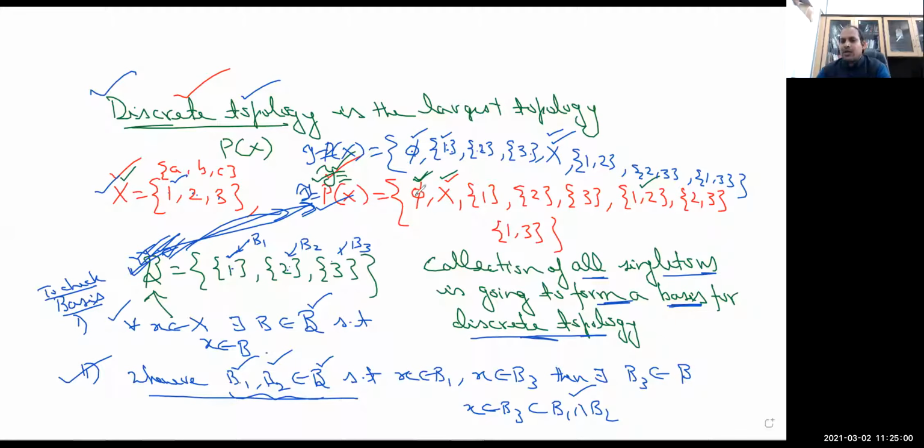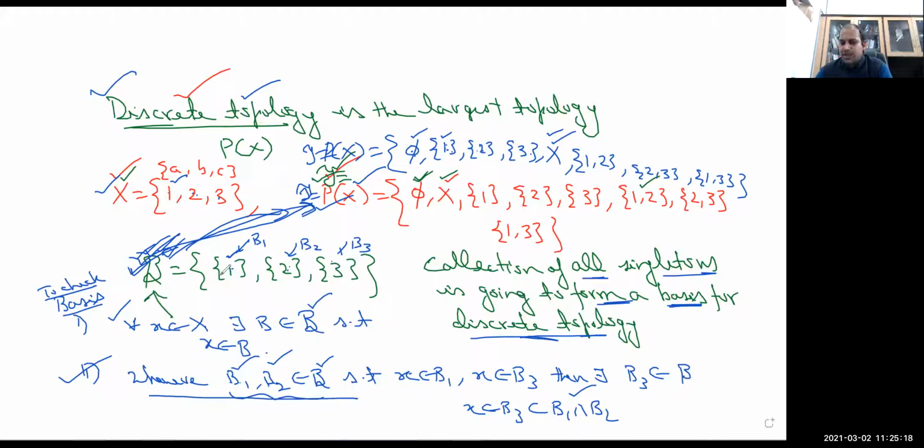So it will be better to talk in terms of the basis members, the basis. Because once the basis is known, by taking their arbitrary unions, one can generate the topology.